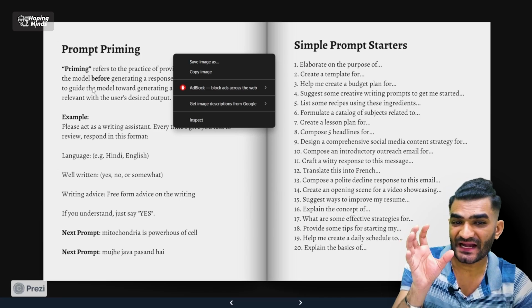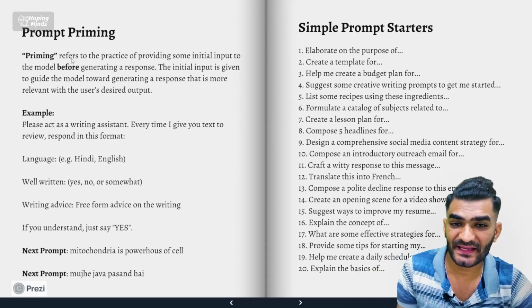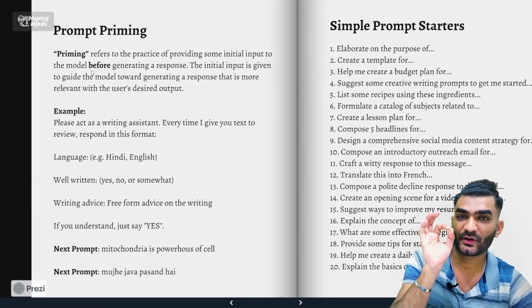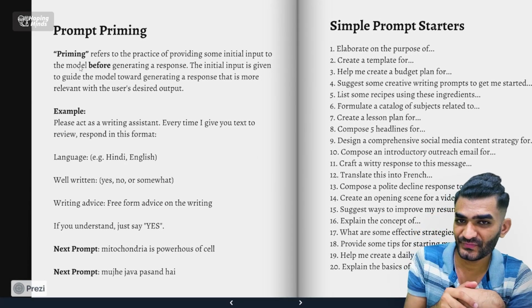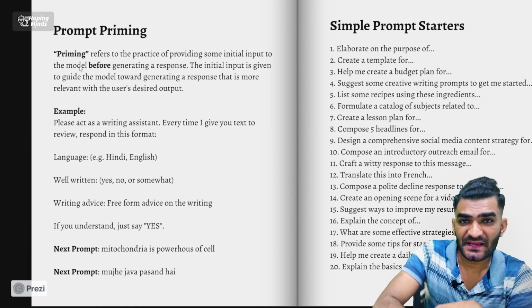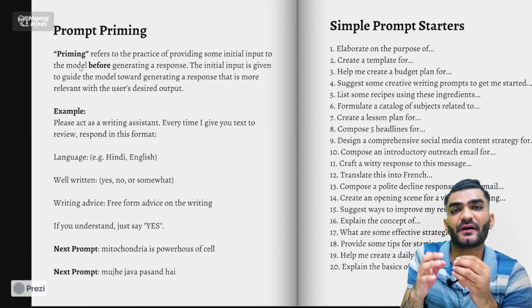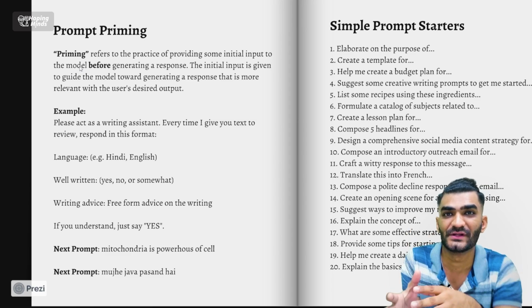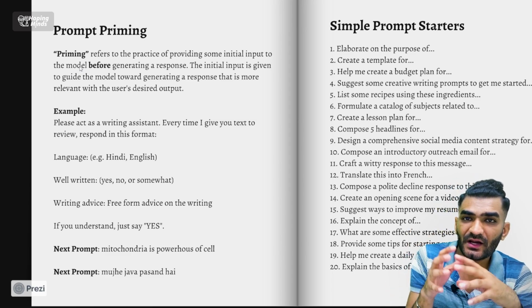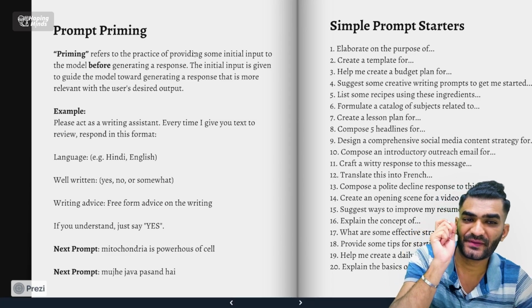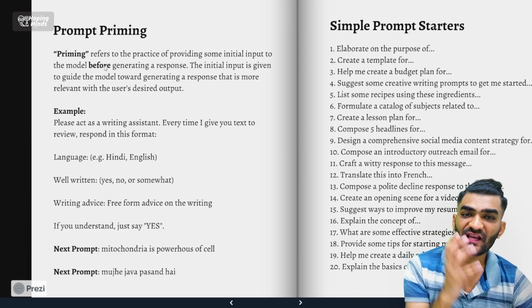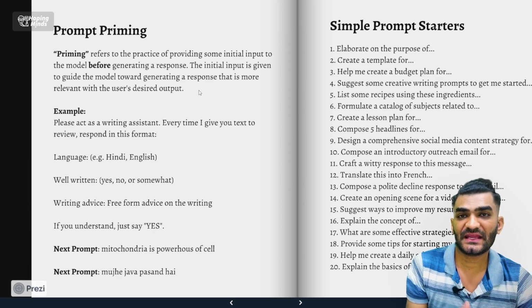Before understanding what I mean by prompt priming, let us first understand what the word priming means. Priming is nothing but when we give some pre-information, when we give some pre-set of rules. So priming refers to the practice of providing some initial inputs to the model before generating a response.